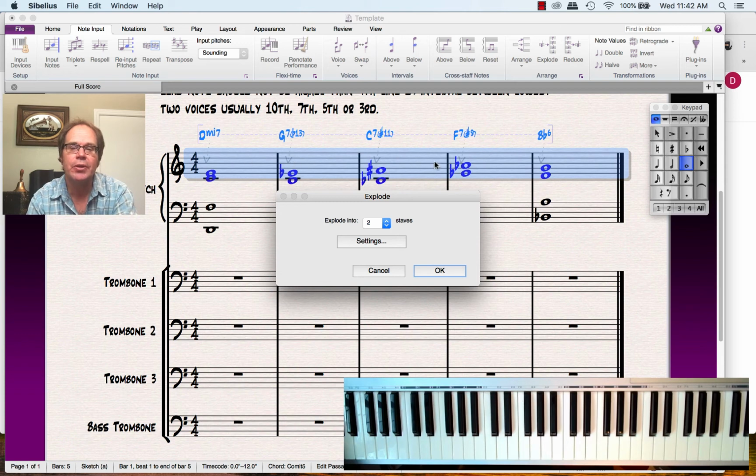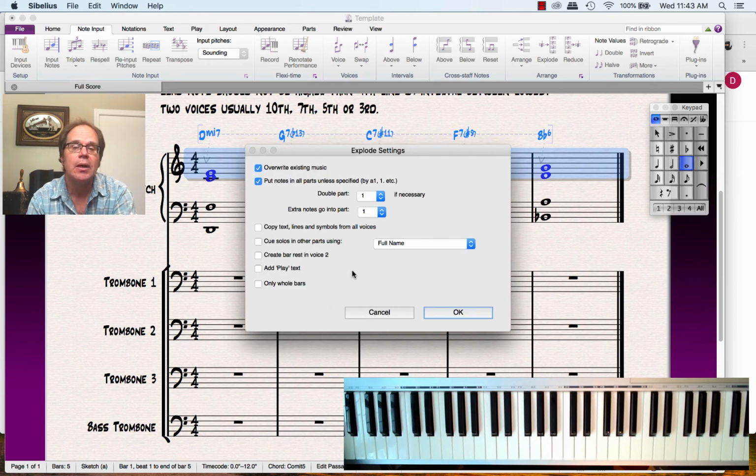So I'm going to explode this. It's asking me how many staves I want to explode it to, since there's 2 voices there. Yeah, 2 staves is going to do it. There are some settings here, and I was hoping that when I unchecked this box, I would lose the chord symbols, but unfortunately I don't. So I think you just leave all this stuff unchecked here.